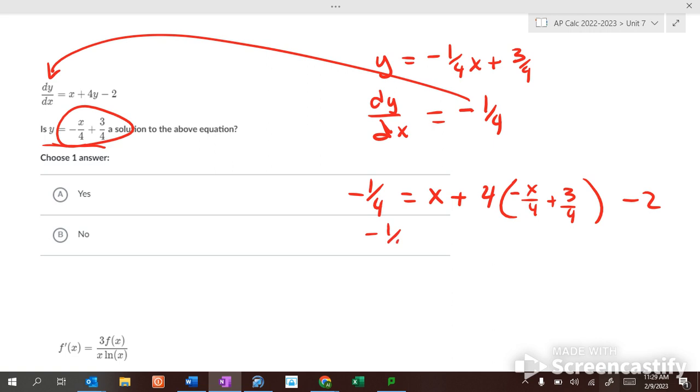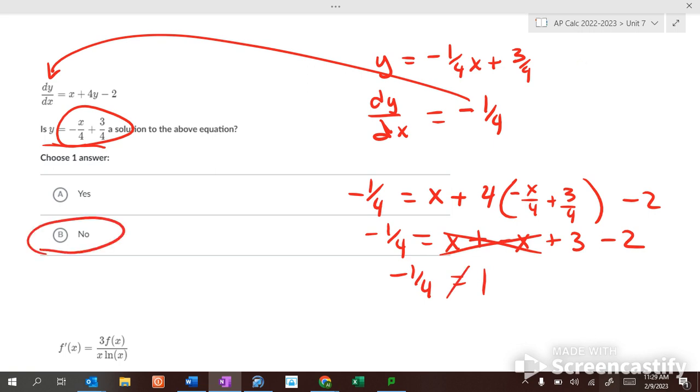Okay, so negative 1/4 equals x plus, and then negative 4 over 4 is negative x. 4 times 3/4 is plus 3. And then we go minus 2. So the x's cancel. 3 minus 2 is 1. Is negative 1/4 equal to 1? No. So then this one is a no. That's not a solution.